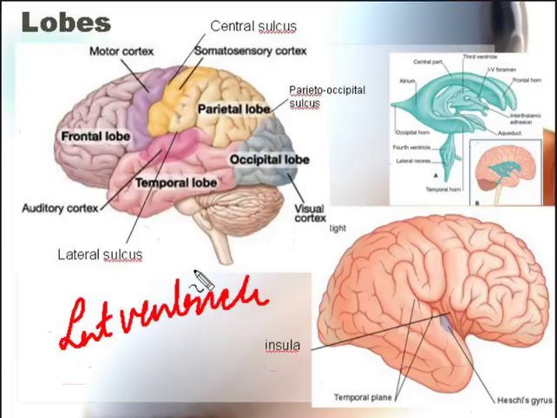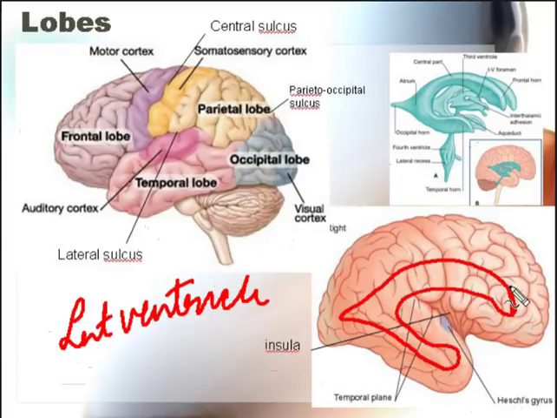So in order to be present in all lobes, this cavity is actually C-shaped, somewhat like a C. And this image here is showing you the two lateral ventricles. The part which is present in relation to the frontal lobe is called the frontal horn, or also known as the anterior horn. The central part is known as the body.